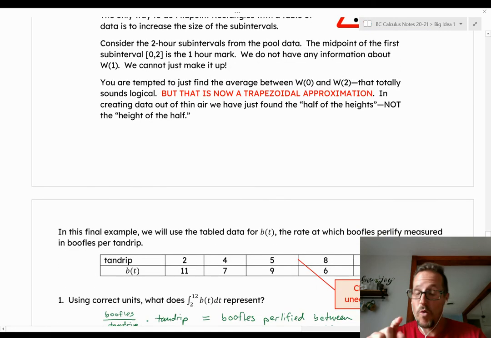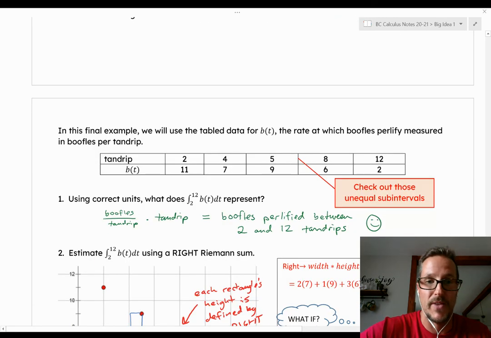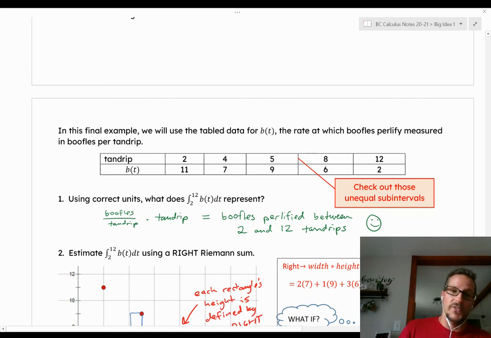Now we'll take one last example and look at the different Riemann sums for this table of data. Now, it's nonsense what it represents. So we'll use the table of data for buffels per tandrip over the number of tandrips. And I've got a table of data for each tandrip, the value of how many buffels were perlified.